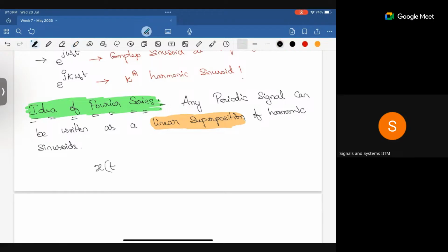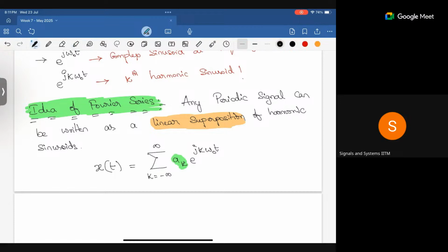You give me any x of t which is periodic, I can express that as a summation of these harmonic sinusoids, kth harmonic sinusoids with some coefficients, where k goes from minus infinity to plus infinity. Okay, so these a k's, which are the coefficients of kth harmonic sinusoids, are called the Fourier coefficients.